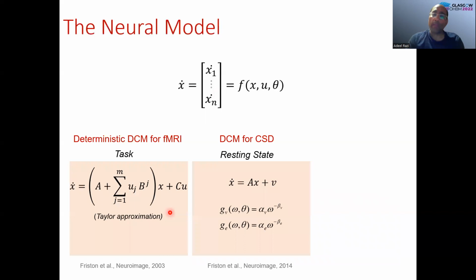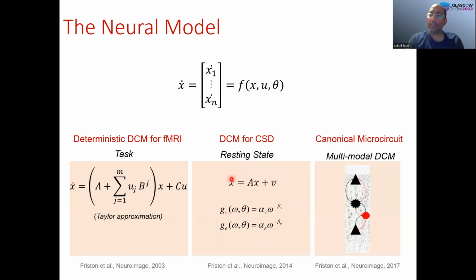Then I'll talk briefly about DCM for CSD, or resting state fMRI, the spectral DCM, which is again a very popular flavor of DCM. And then there is a new canonical microcircuit-based DCM, which uses multimodal data from fMRI and also EEG or MEG.